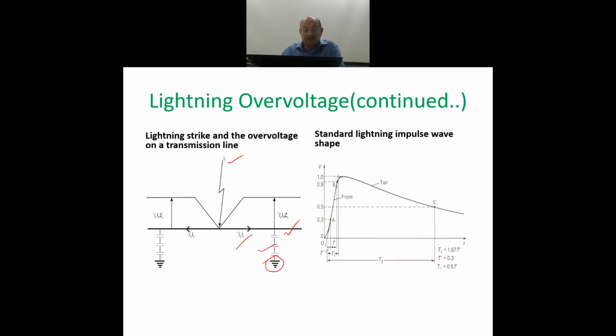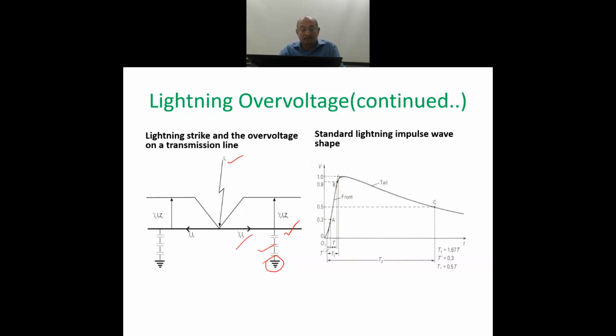Now, what happens? This line conductor would always have an impedance. It is connected to the network, and a metal would always have an impedance. That is the characteristic impedance of transmission lines, which I mentioned somewhere before and also in the previous lectures, which varies from 250 to 300 or 350 ohms, the characteristic impedance ZC.